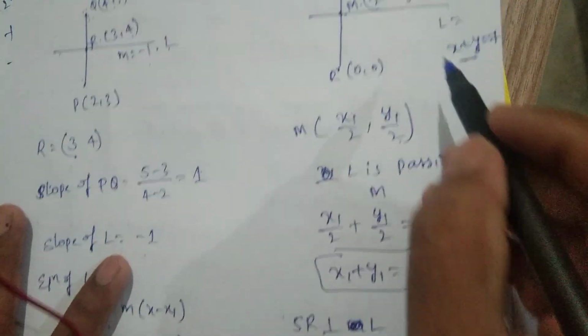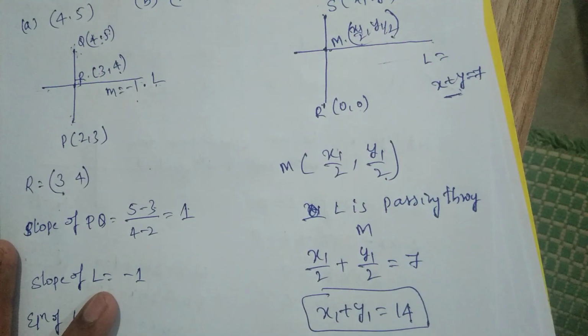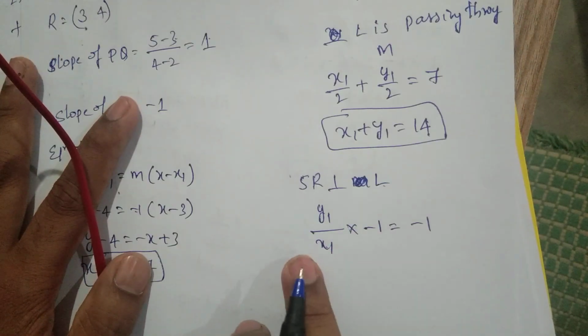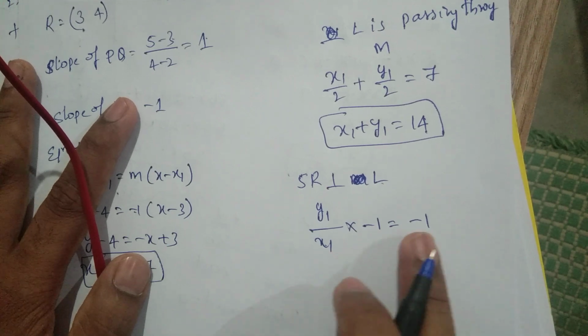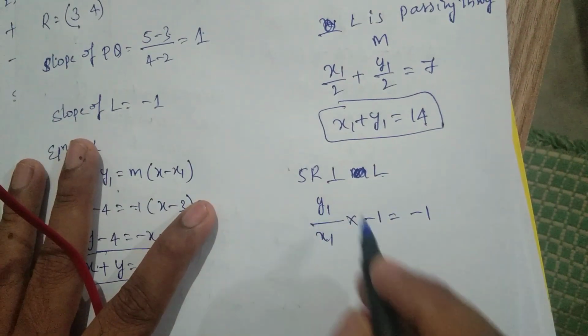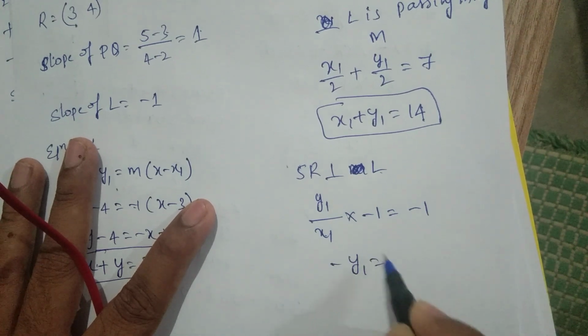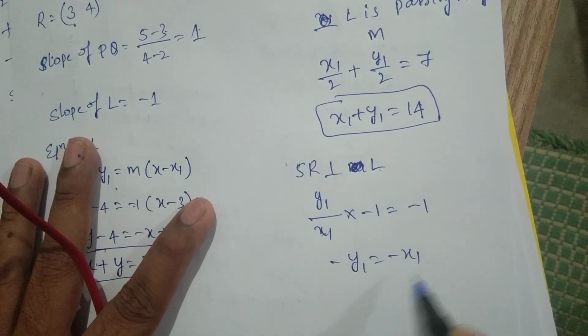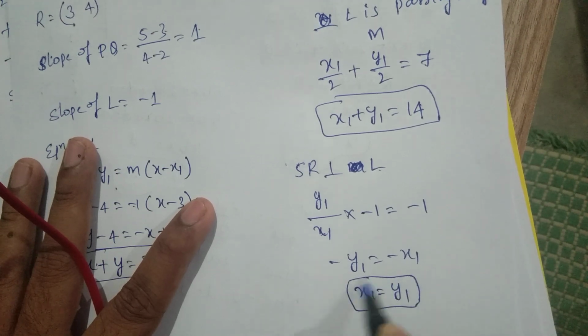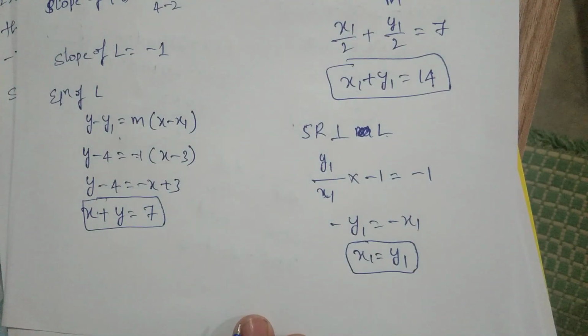Into the slope of line L, which is minus 1. The product of these two is equal to minus 1. Now cross multiplying, minus y1 is equal to minus x1, that is x1 is equal to y1.